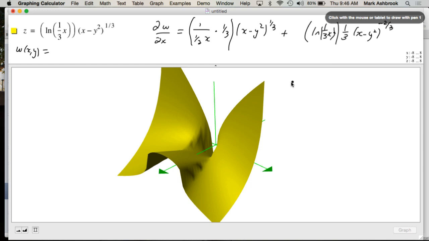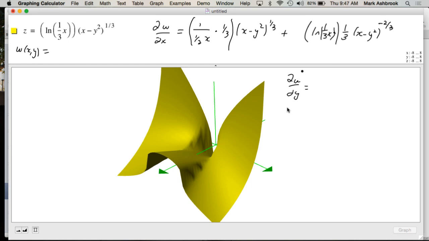So now the partial with respect to y would be. So what will happen now? What will we use for that? What's going to be the overall structure? This will be chain rule, right? This is not product rule when we do it with respect to y because ln of 1/3 x is just a constant. So we will have chain rule for that second part with y, but it's not product rule anymore.